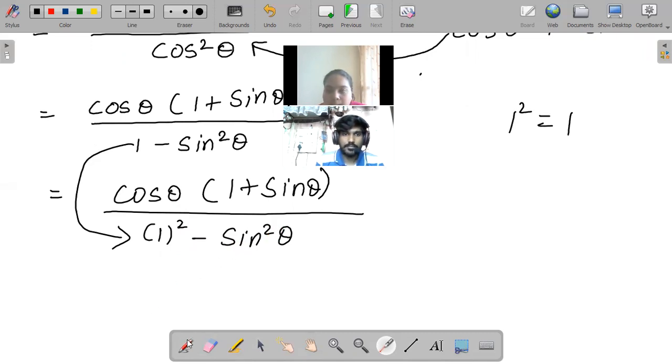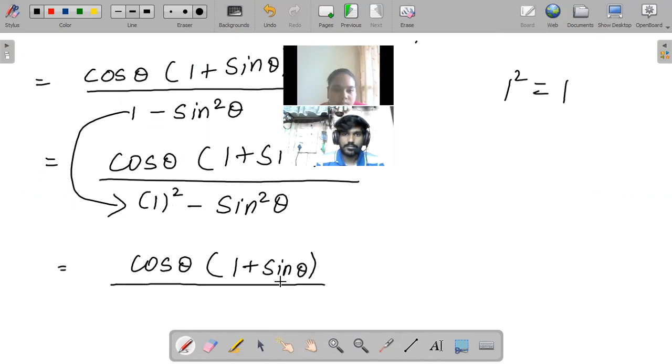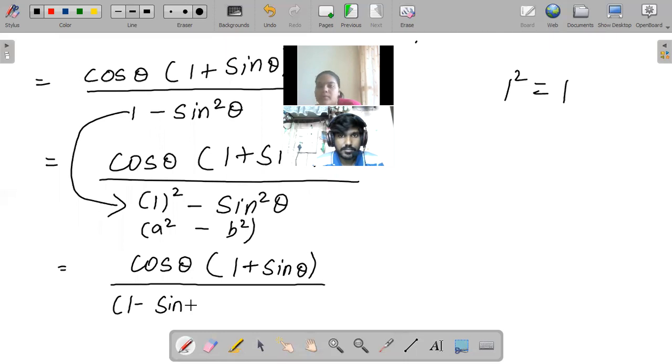So what is the formula? A plus B, A minus B. Yes. So it will be 1 minus sine theta and 1 plus sine theta.